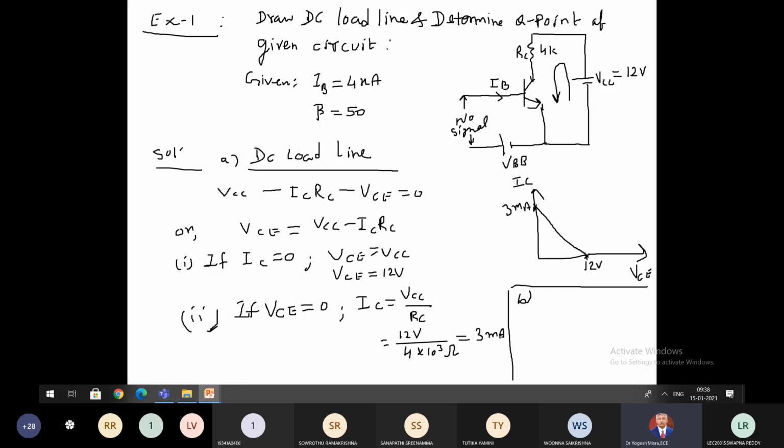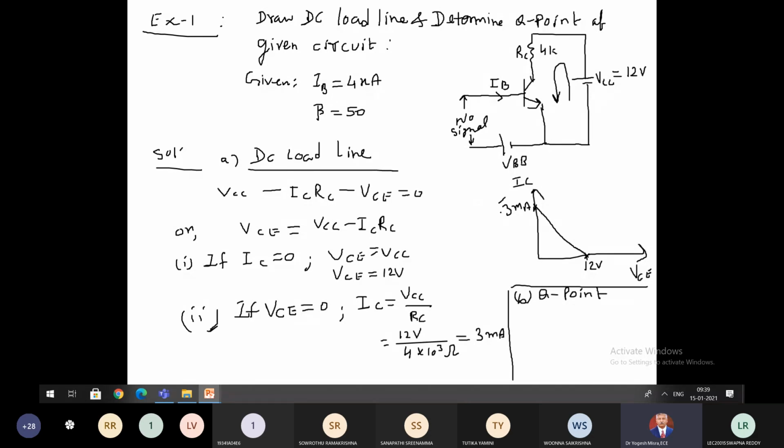Now we will find out the operating point, that is Q point. See, whatever value of IC you are getting, 3 milliampere, this will be the maximum current which can flow through this circuit, right?